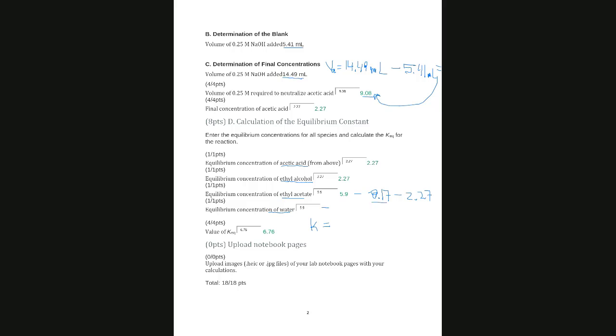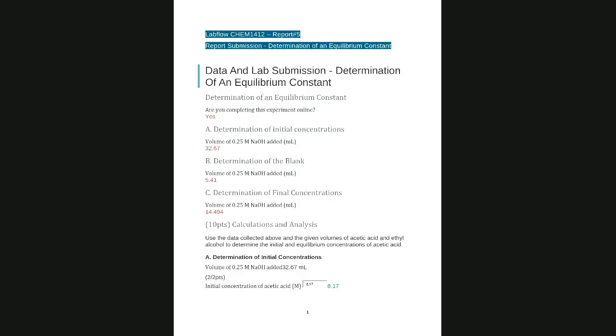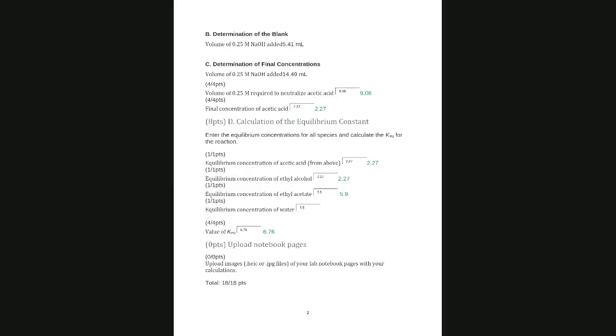What is the initial concentration? A. Okay, let's look. Okay, here, see? It's going to be the initial concentration of acetic acid minus the equilibrium concentration of acetic acid. We saw that in our example in the ICE chart.